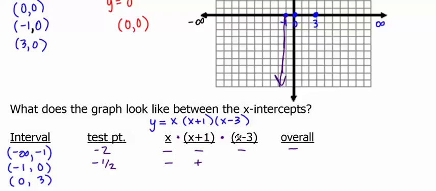When I put a negative 1/2 into the last factor, negative 1/2 minus 3 is negative 3.5. It is a negative factor. A negative times a positive times a negative will overall be a positive. So what's happening here is a positive output. So between negative 1 and 0, I get positive outputs. Now we're going to try between 0 and 3.